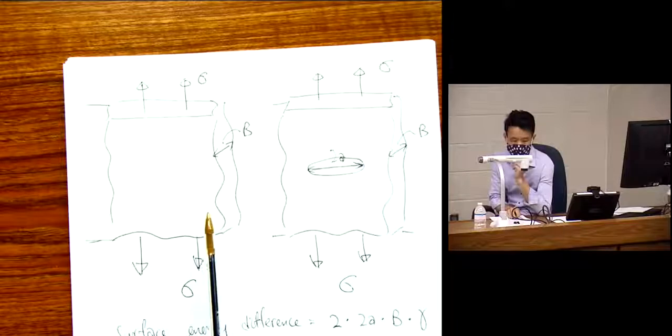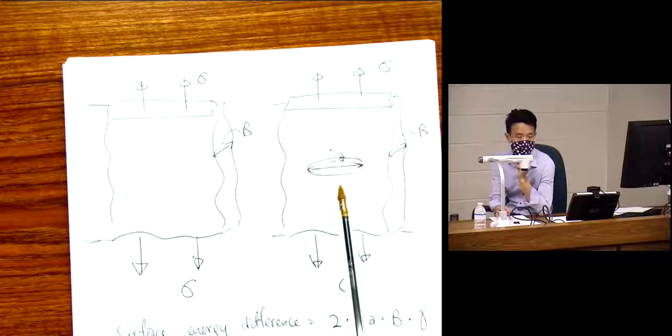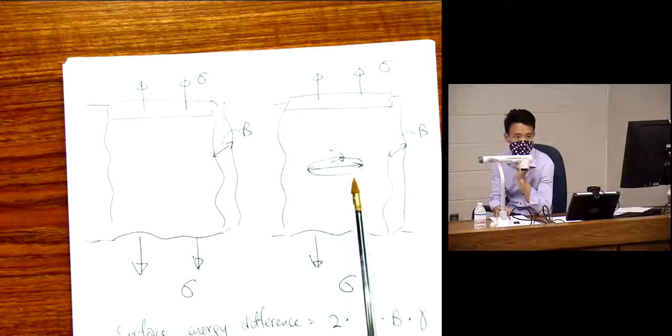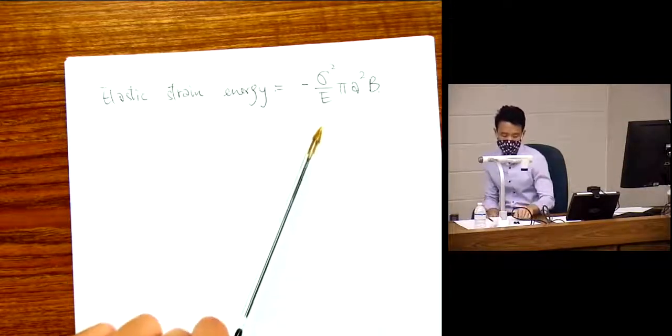And you can see why, because you have a hole here, and the material around this flaw is actually not taking stress. It's going to take less stress, so the energy is going to be smaller. But we're going to talk more about this in the next lecture. This is the main result.